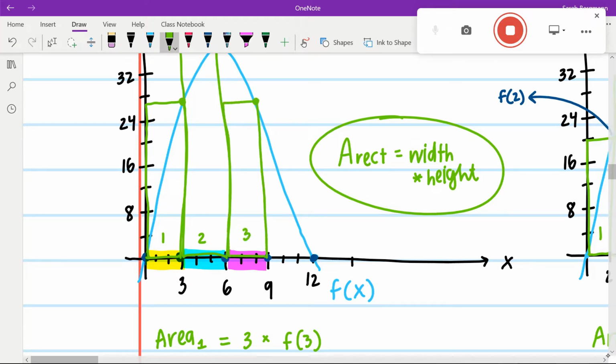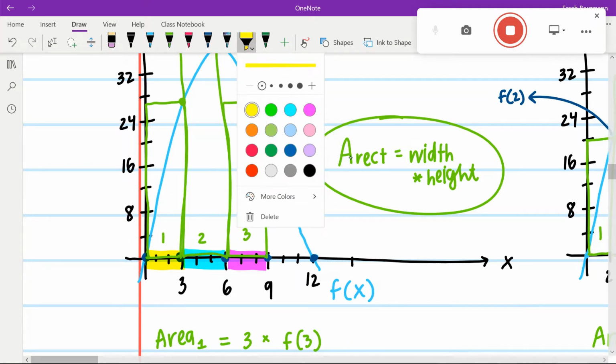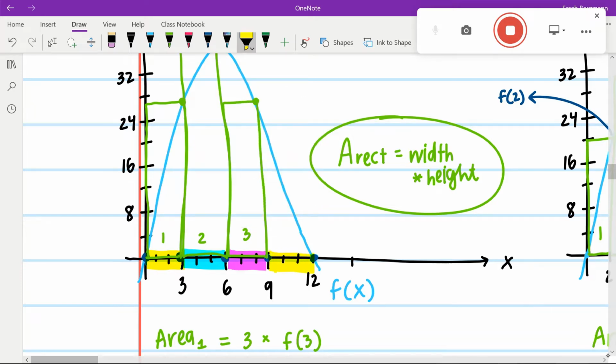There's our third rectangle. The fourth rectangle, we are looking at this segment from 9 to 12. The right endpoint of this segment is 12. The height of this rectangle, since when you plug in 12, this is a 0, the height is just 0. So this is actually not really a rectangle at all.